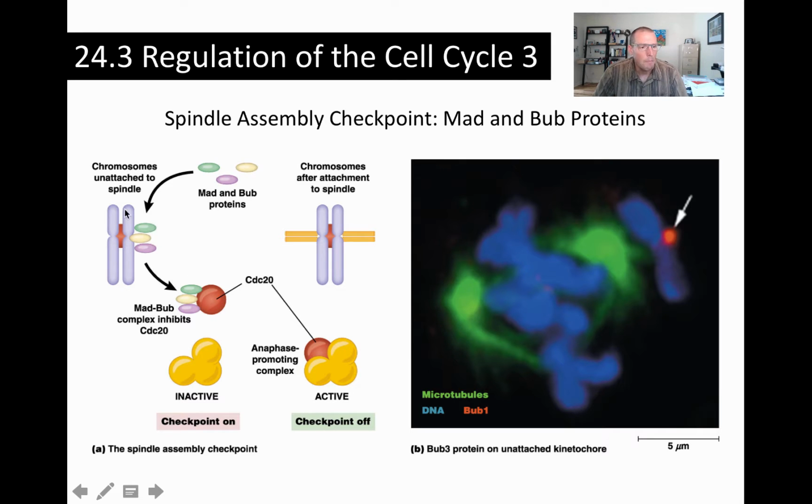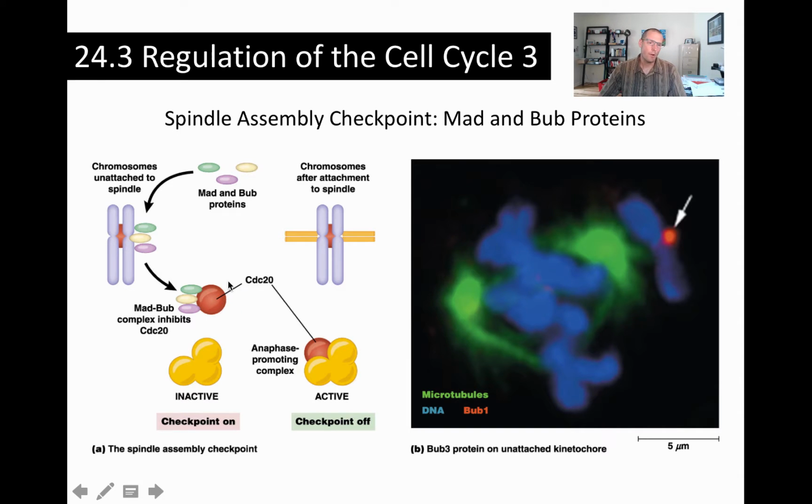MAD and BUB are proteins which accumulate at the kinetochores of unattached chromosomes. So this kinetochore here is unattached, so MAD and BUB proteins accumulate. They become part of a complex including this protein here, CDC20.